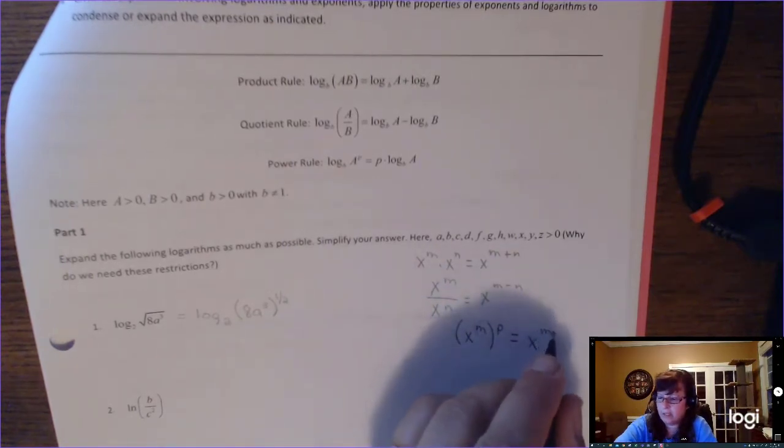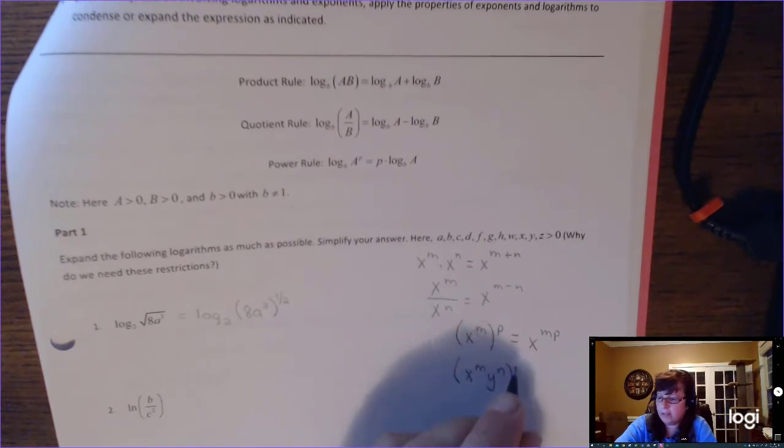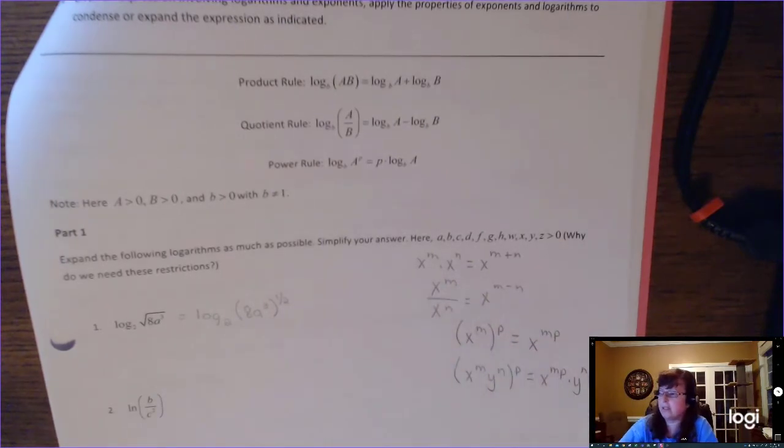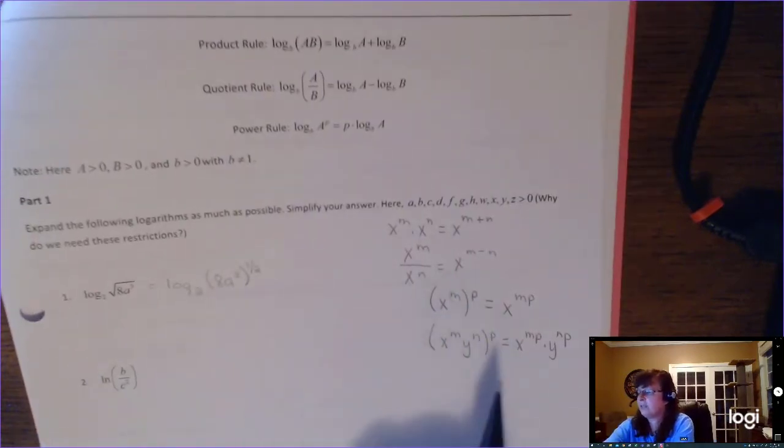So we know that. And then if you have x to the m, y to the n to the p, that p goes to both of those exponents. So these are exponent rules that you hopefully saw in high school. All right, so that's what I want to use here.